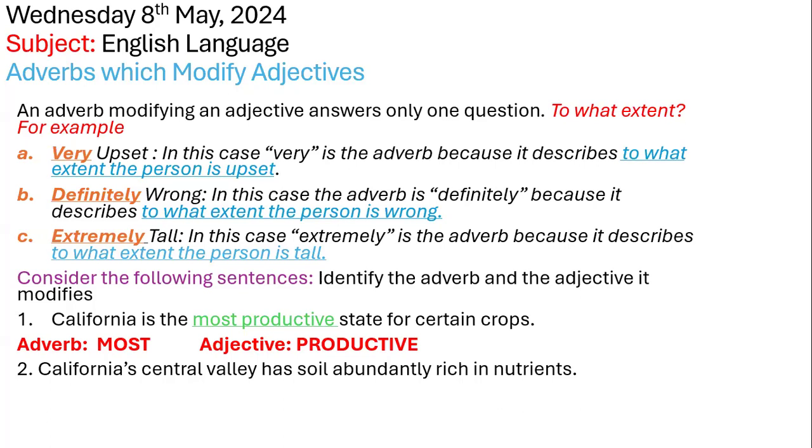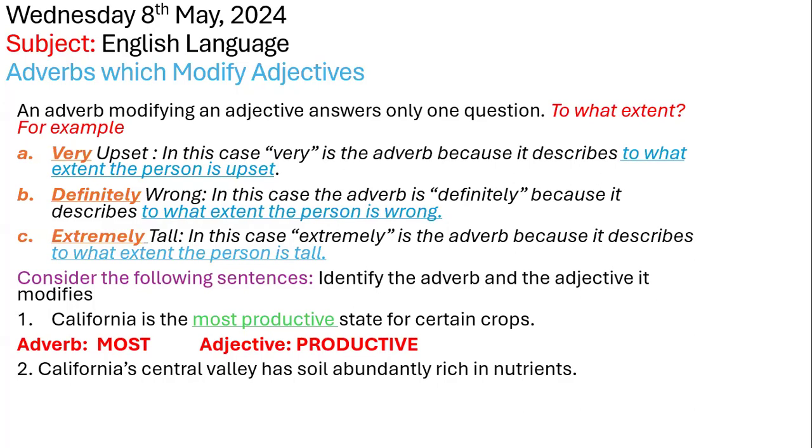What is the adverb and what is the adjective it modifies? The adverb is abundantly, and the adjective is rich. Very good.